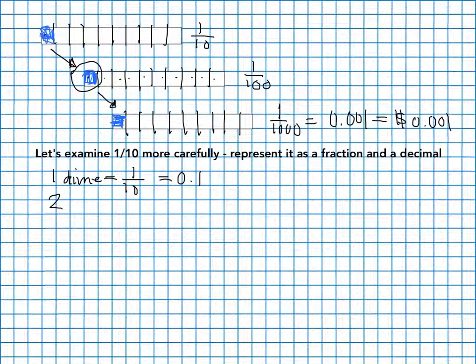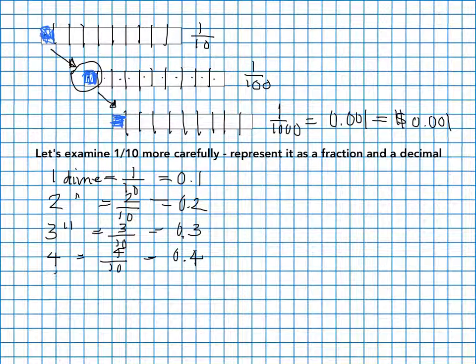If I go 2 dimes, and that just means this is copied here, that is going to equal 2/10, or 0.2. 3 dimes is 3/10, or 0.3. 4 dimes is 4/10, and that's going to be 0.4.